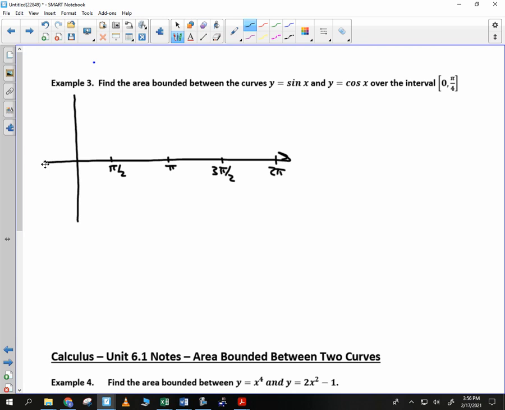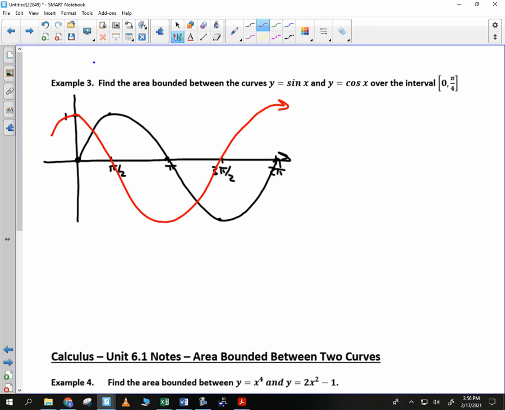The graph of sine of x starts here and goes up to 1, back down to the bottom, back up. So I hope that you understand what the graph of sine of x looks like. And then cosine of x is going to start up here, and it does that guy. So that's what we got.